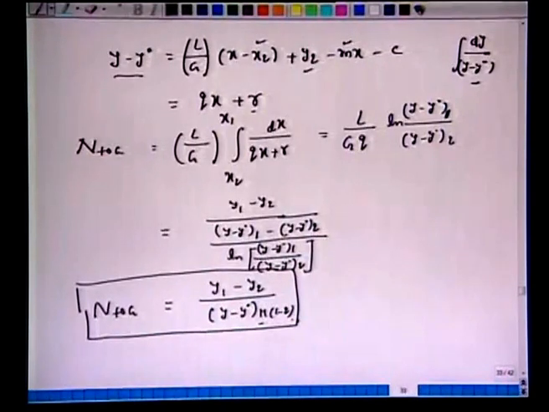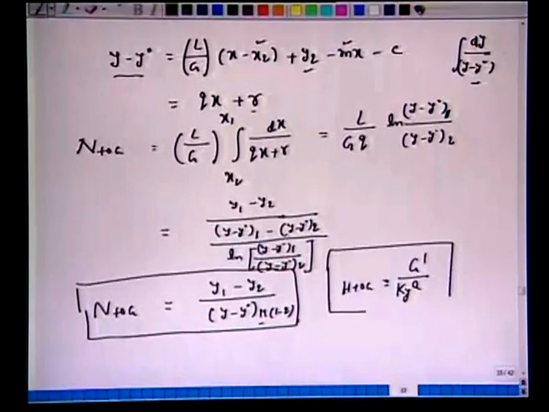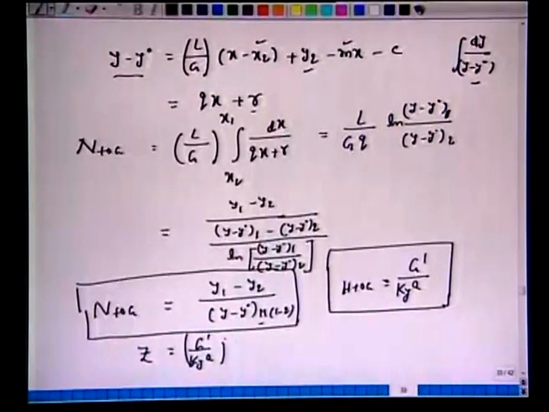The height of a transfer unit is HTOG equals G prime over capital KYA, where this is your overall mass transfer coefficient. So, we have expressions for NTOG and HTOG. In this special case, Z, the product of the two, becomes G prime over KYA into NTOG, that is y 1 minus y 2 over the log mean of y minus y star between 1 and 2.